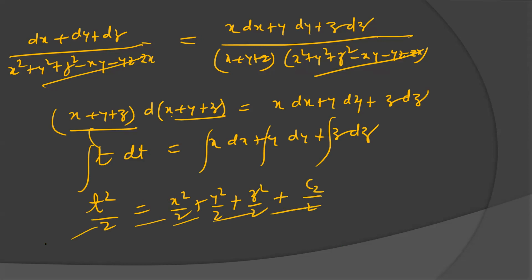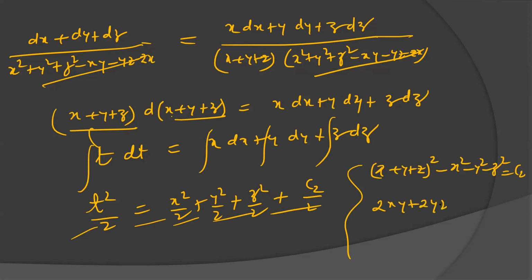So the 2s are cancelled. Put the value of t. This is x plus y plus z whole square minus x square minus y square minus z square equal to c2. Or you can write this as twice xy plus twice yz plus twice zx equal to c2, or you can divide both sides by 2. So this is your second solution v(x,y,z).